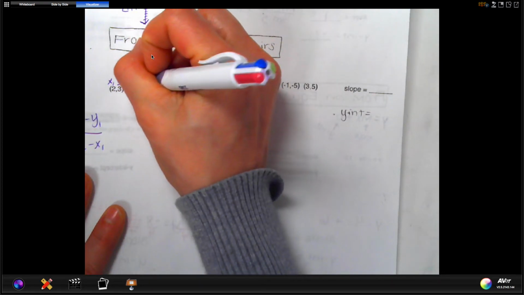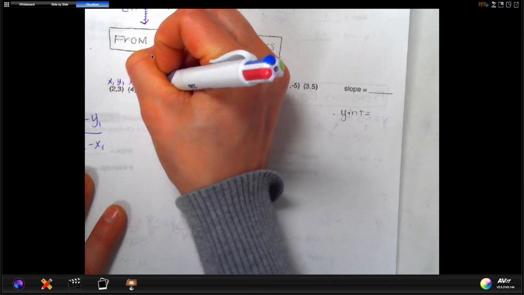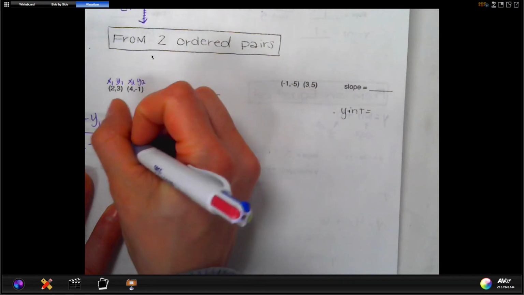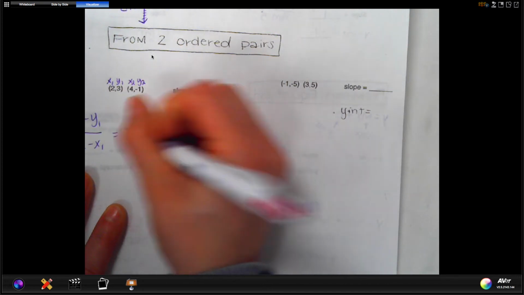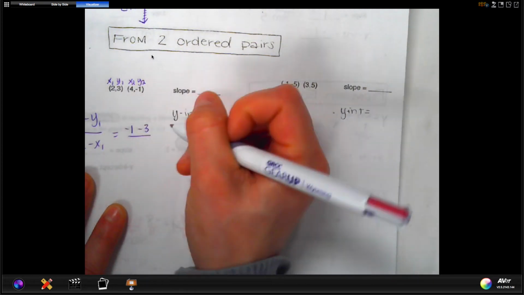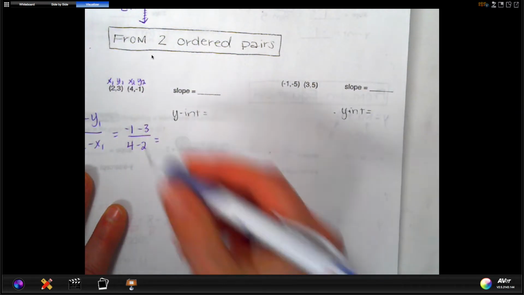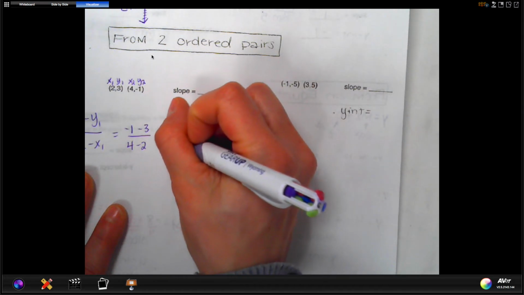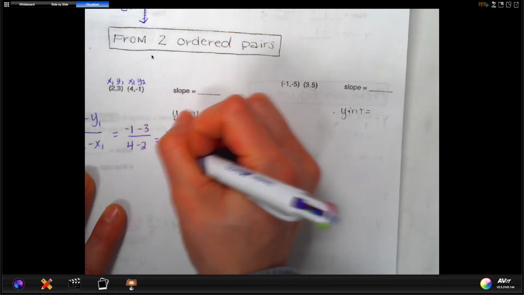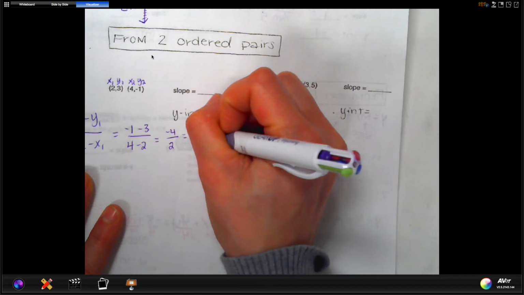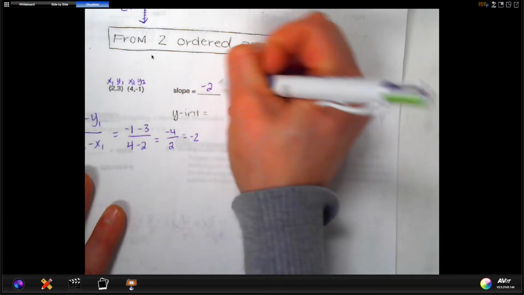And this would be x2, y2, because it's the second ordered pair. So plugging that in, you would get negative 1 minus 3 on the top, and the bottom would be 4 minus 2. So simplifying that, negative 1 minus 3 is going to give us negative 4, and 4 minus 2 gives us 2. So our slope is going to end up being negative 2 once we simplify.